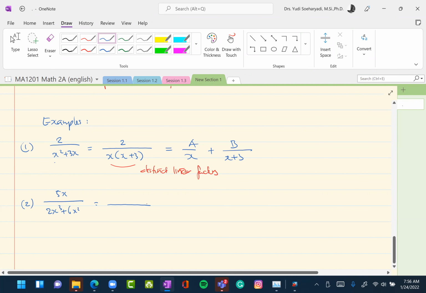Okay. So the denominator you can factor x squared. Okay, so you leave with 2. Oh, you should factor 2x squared instead, the constant. So you get x and then 3.